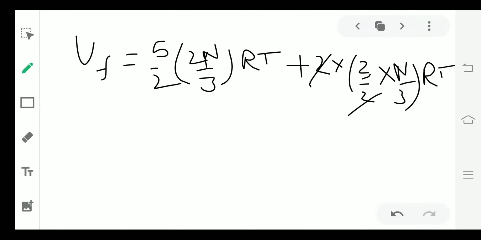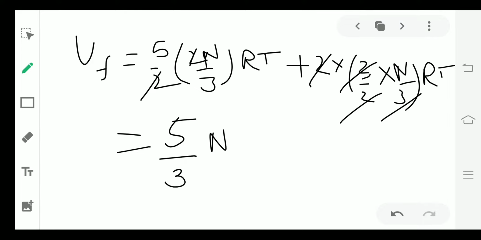So this 2 is cancelled out with this 2 and 3 is also cancelled out. So the final internal energy is, here 2 is also cancelled out, 5/3 nRT plus simply nRT comes out.